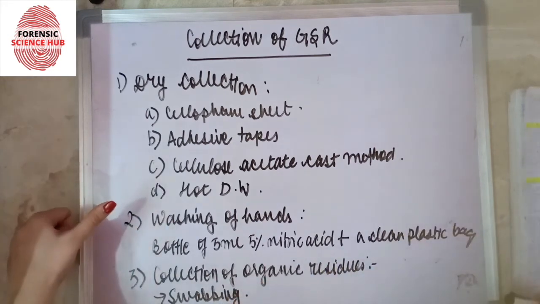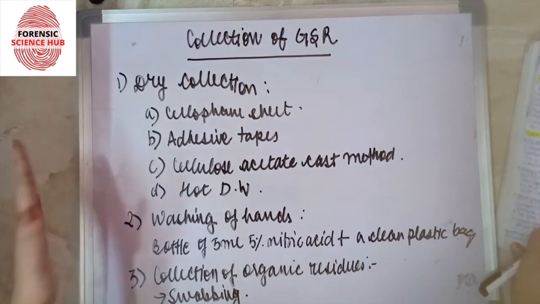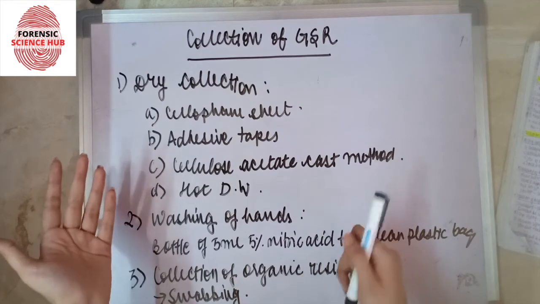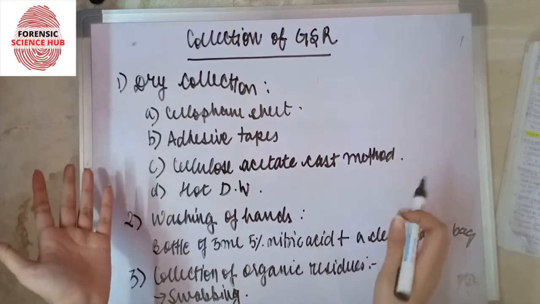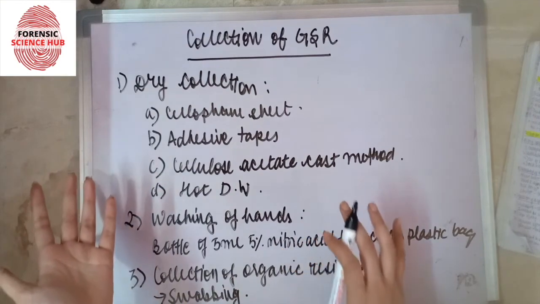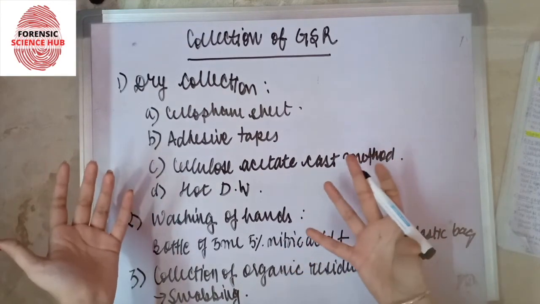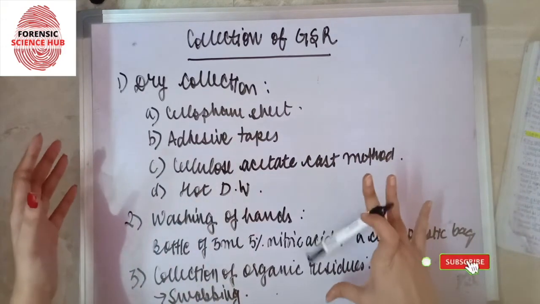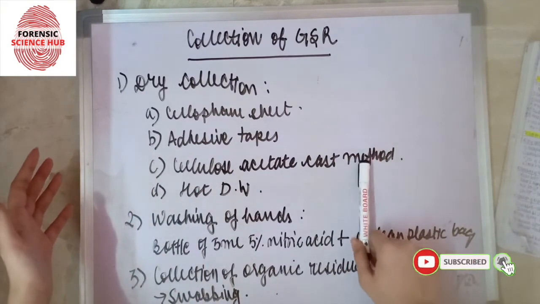This method is basically for collecting GSR from cloth. The GSR gets deposited on the filtered dust of the vacuum apparatus, and then it is extracted using a solvent. These are all the types of collection methods that are used for collecting GSR.